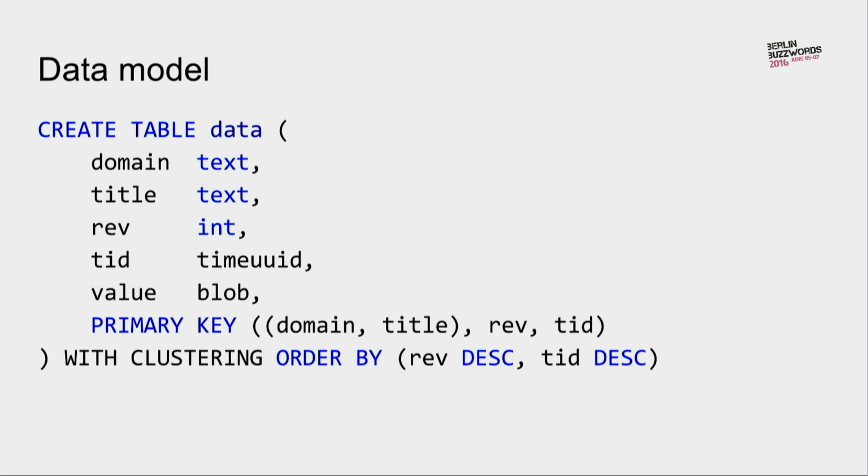And since the value does not appear in that definition, for each unique domain title revision TID, there'll be exactly one value. And this also sets up ordering of the data. The order that the data is actually persisted on disk, so that it is ordered first by revision and then by TID. So if you select and limit one, you essentially get the most recent value.